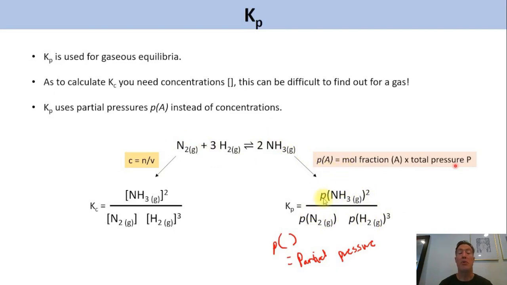And partial pressure is defined as the molar fraction of each of these species times the total pressure. So if this is say 1/4 of the total moles, then it would be 1/4 times the total pressure in the container. And if this has 1/4 of the moles, it has 1/4 of the total pressure. So that's how we write and calculate these expressions. So we can do it for Kc or Kp.